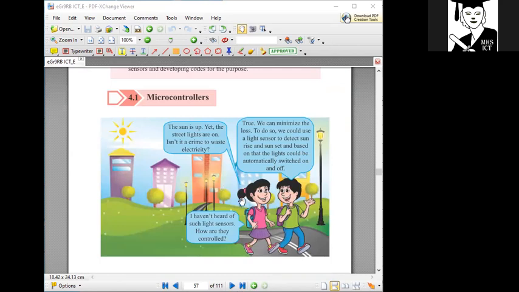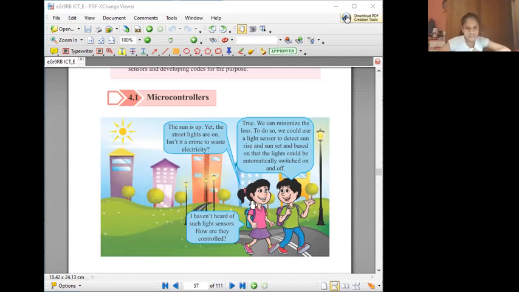Here Januli is here, and here Nanidu is here. This is Januli, this is Nanidu. Can you read this? The sun is up, yet the street lights are on.